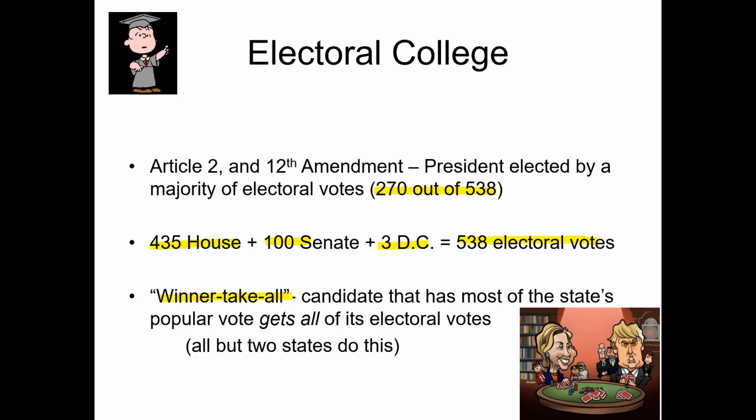So that's what makes the Electoral College controversial and different from the popular vote. There have been 5 elections where the president that won the popular vote did not win the election because they did not have a majority of the electoral votes.